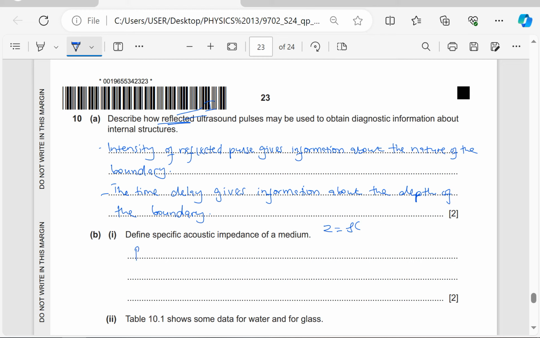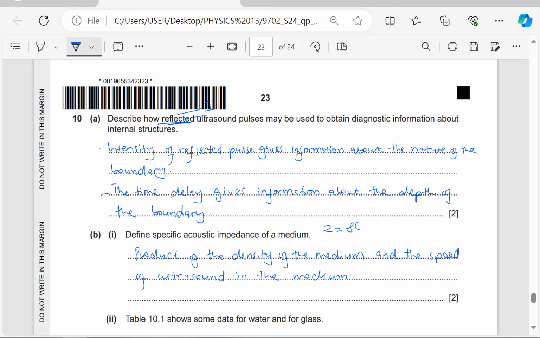So this is going to be the product of the density of the medium and the speed of ultrasound in the medium.